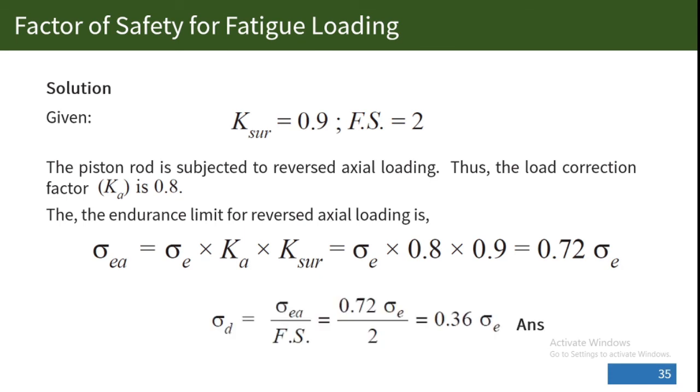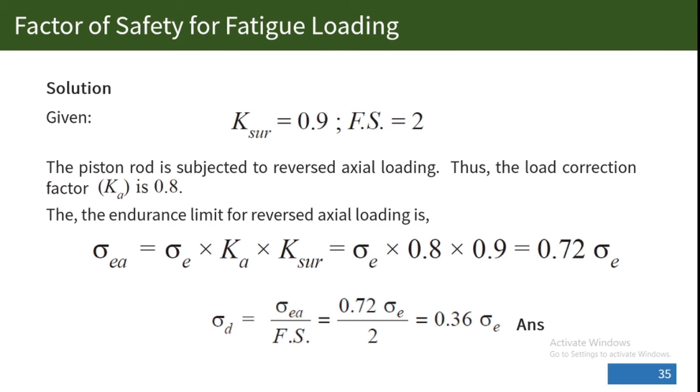So remember that the formula for the factor of safety is equal to the endurance limit of a material over the design stress. Since we are required to determine the design stress in this problem, the expression is: the design stress is equal to the endurance limit over the factor of safety.